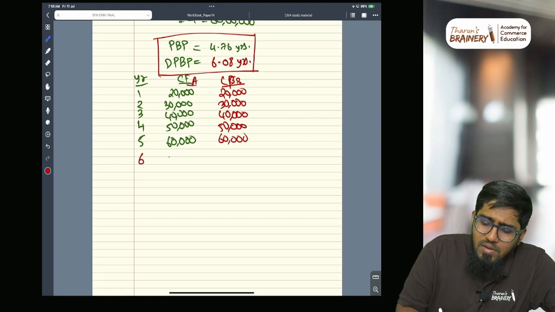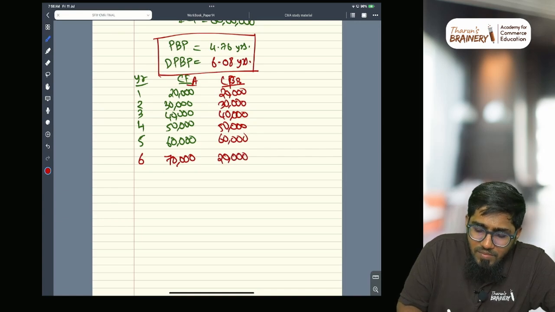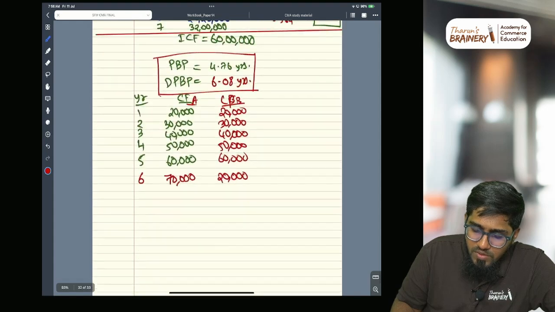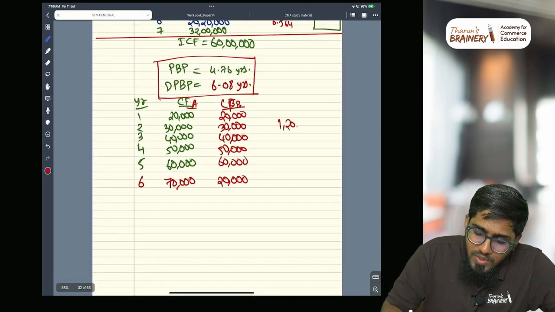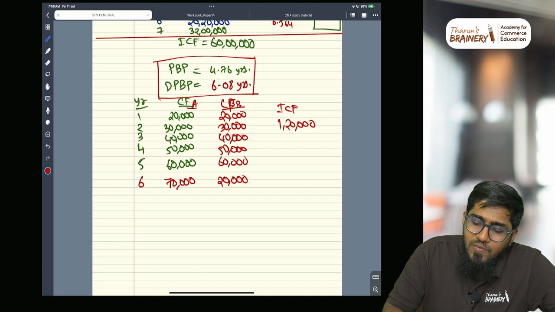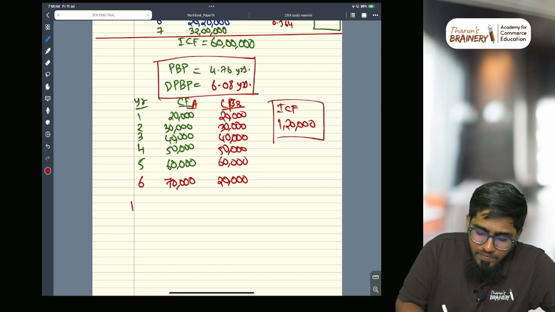Now, sixth year, here I am having 70,000 and here I am having 20,000. How much is my initial cash flow? My initial cash flow is 1,20,000, right?